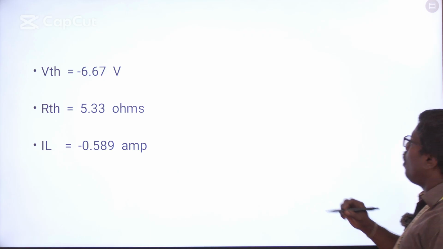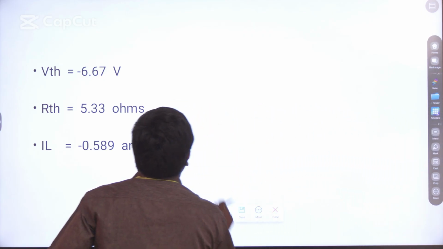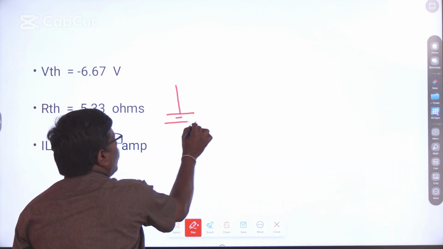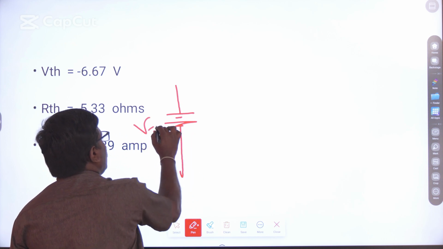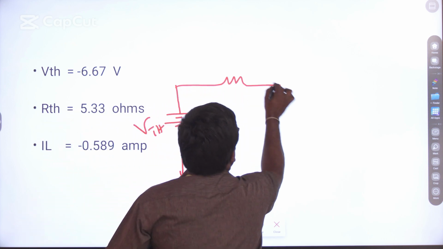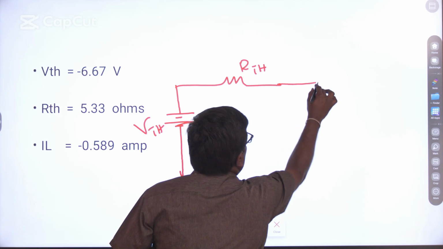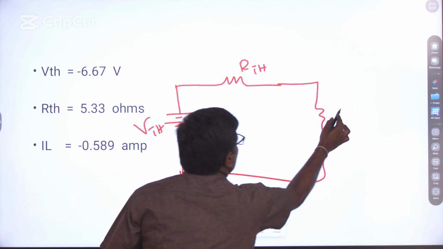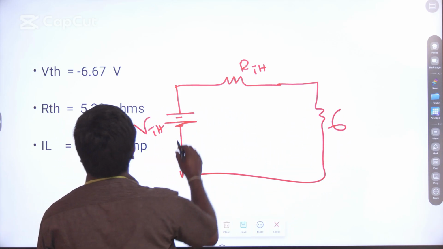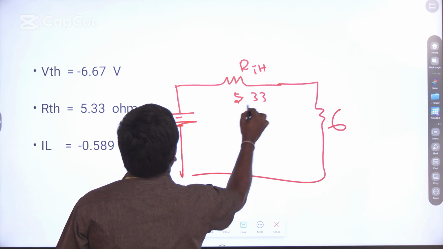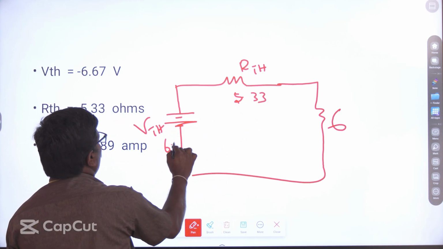You have to draw the Thevenin equivalent circuit, that is going to be VTH in series with RTH and load resistance RL, which is going to be 6 ohms, and the value is 5.33, and this value is going to be 6.67.